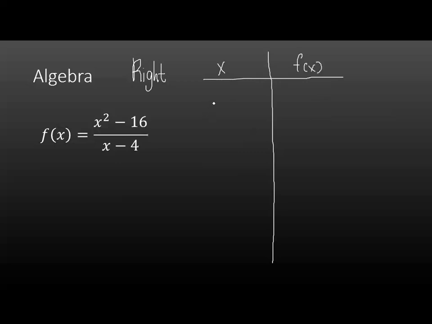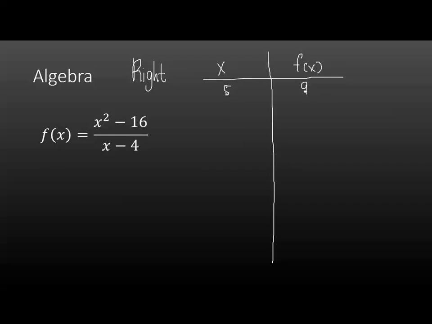What are numbers that are closer to 4? 5, right? Because 5 is closer to 4. So substitute 5 in that function, you will have 5 squared minus 16 all over 5 minus 4. So you will have 9, right?